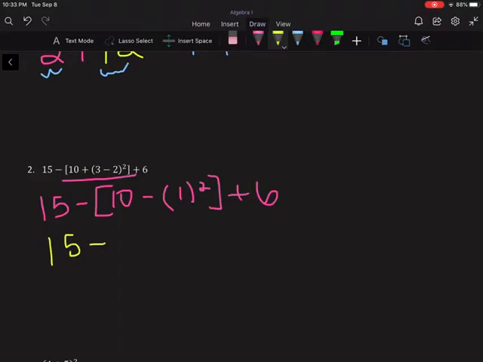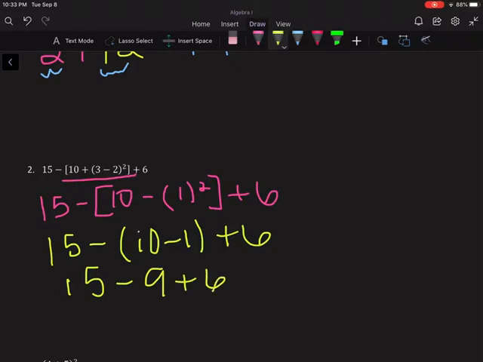And I just gotta keep bringing things down until I get rid of the grouped terms, right? So inside of here I have 10 minus 1. And then I put the plus 6 again. 15 minus 10 minus 1 is 9. Plus 6. Excuse my chicken scratch.